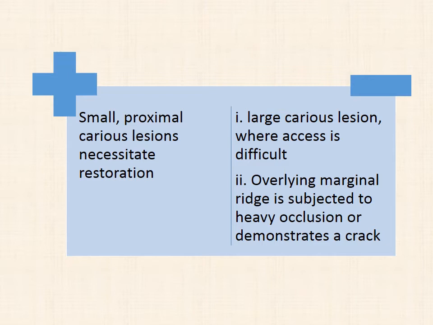If there is a crack on the marginal ridge, then you have to break the marginal ridge and restore it with a restorative material, or if there is heavy occlusal force, the marginal ridge is subjected to fracture or a break after the restoration.